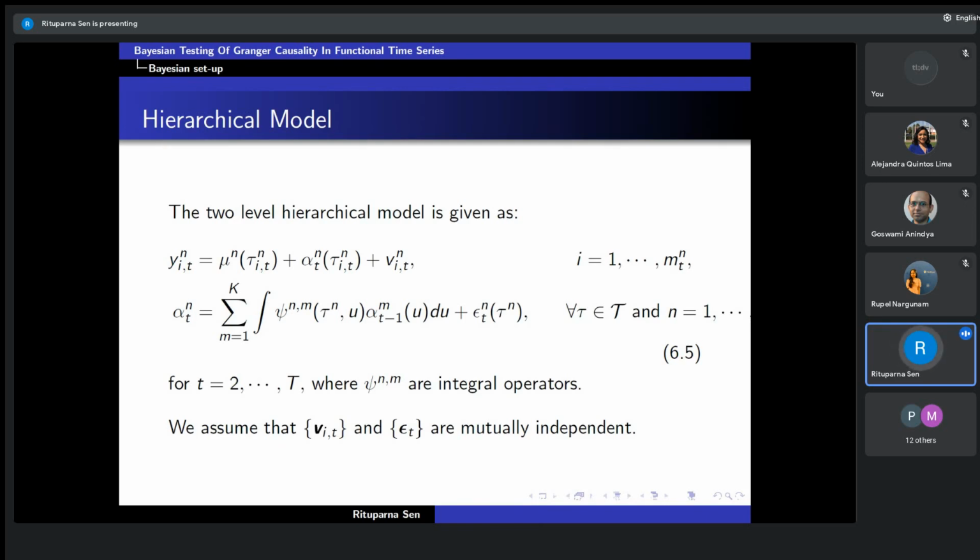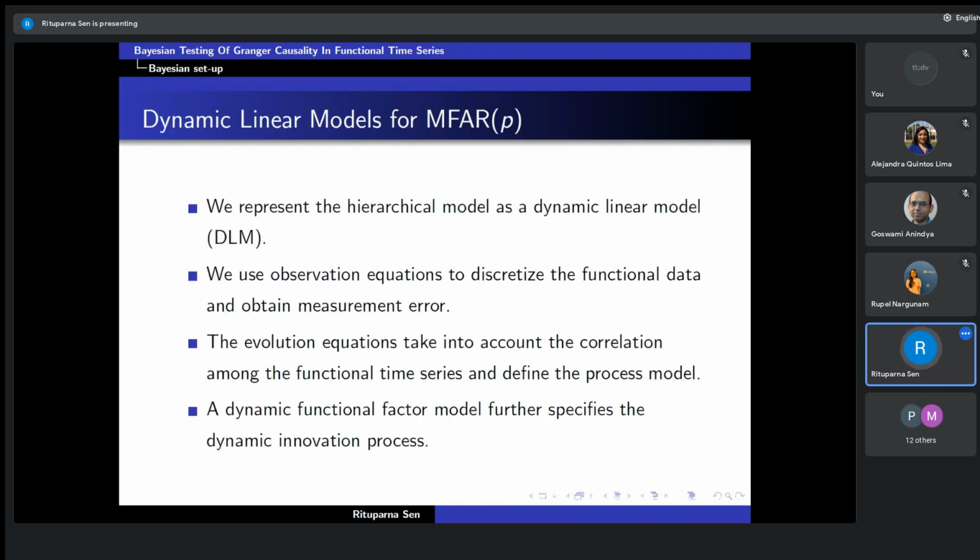Now this alpha itself is the functional autoregressive model, of order k. So alpha depends on the past up to t minus kth term. So this is the two-level hierarchical model, and we represent this as a dynamic linear model.